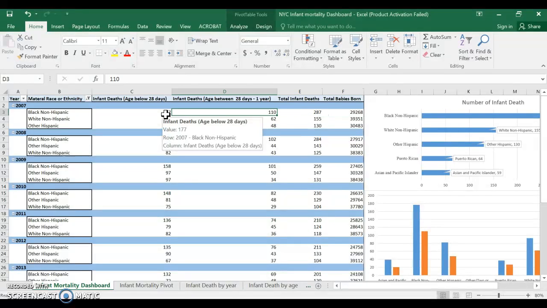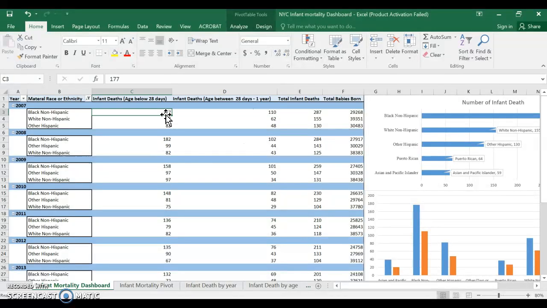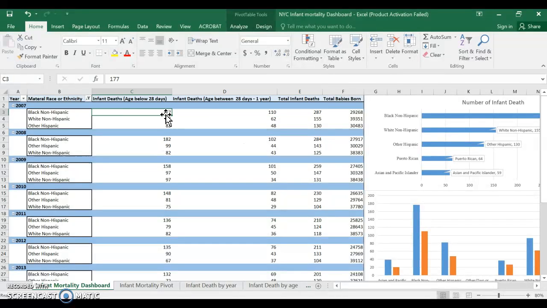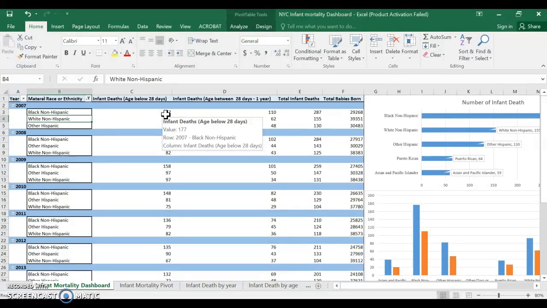I decided to show the infant deaths by their maternal race, and the top 3 races that encountered the highest infant deaths in any given year. As you can see, in 2007, infants whose maternal race was black, non-Hispanic, had the highest number of infant deaths among these top 3 racial groups.